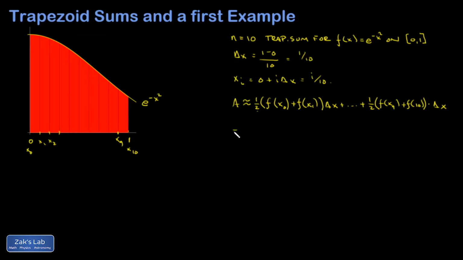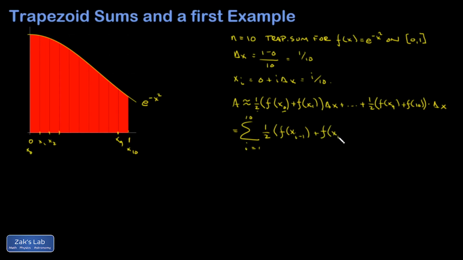And then I write it in summation notation. We have 10 things to add up, so my index is going to go from 1 to 10. And when I plug in i equals 1, I've got to start with an x0 here, so that guy is going to have a subscript of i minus 1.